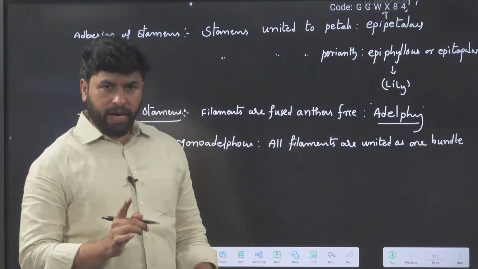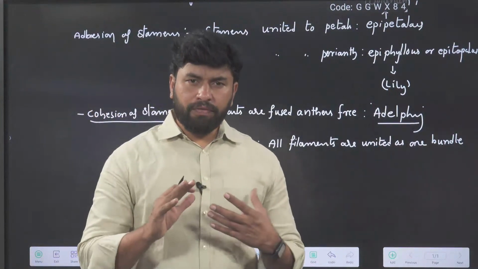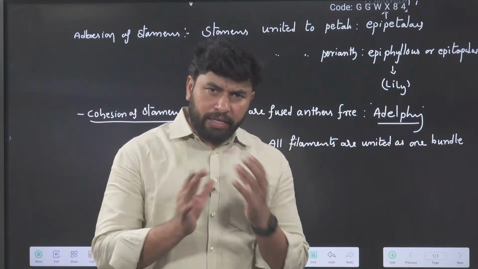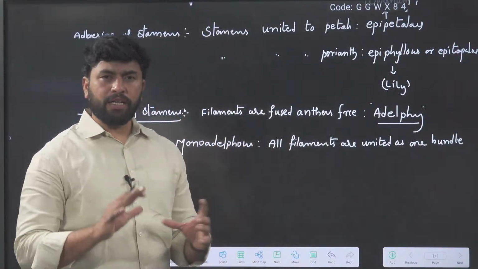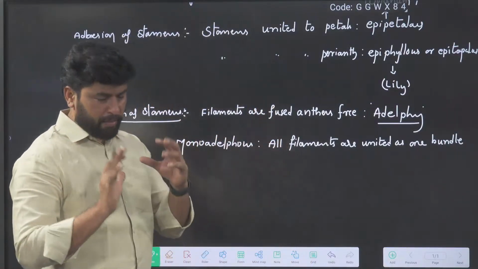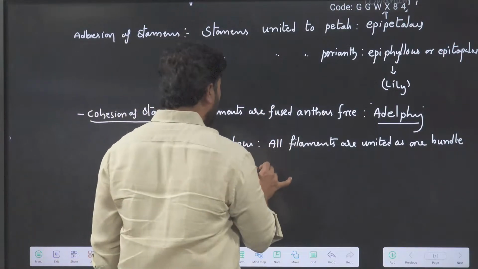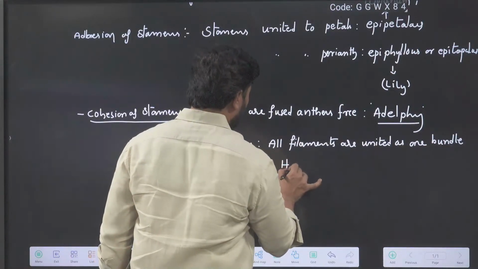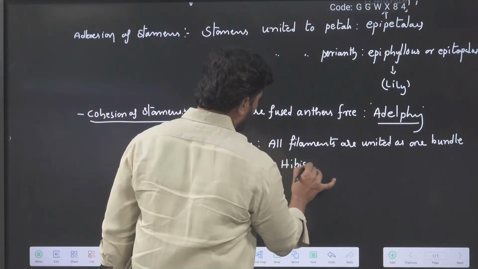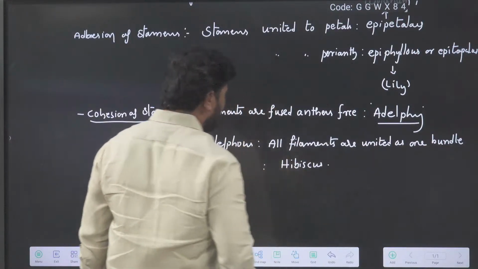They are fusing, but only their filaments are fused and they form a large bundle of filaments. This condition is called monoadelphous. Best example, Hibiscus rosa sinensis.